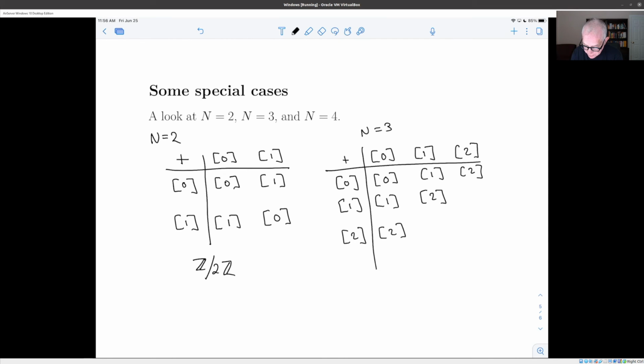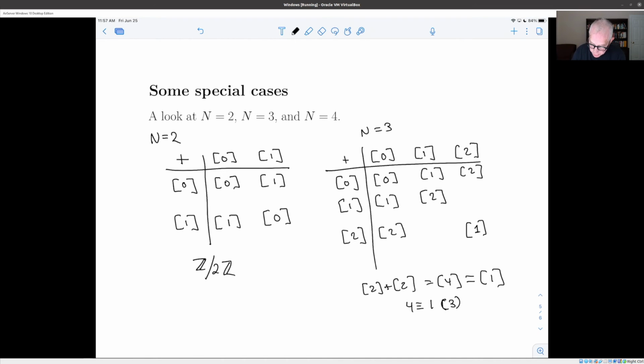If you add a number with remainder 2 to itself, well, you get a number with remainder 4. But that's not really a legitimate remainder. Maybe I should say more precisely, you get a number that's congruent to 4 mod 3, which means it has remainder 1 when divided by 3. And that's because 2 plus 2 by definition is 4, but 4 is congruent to 1 mod 3. So this is actually equal to 1 again.